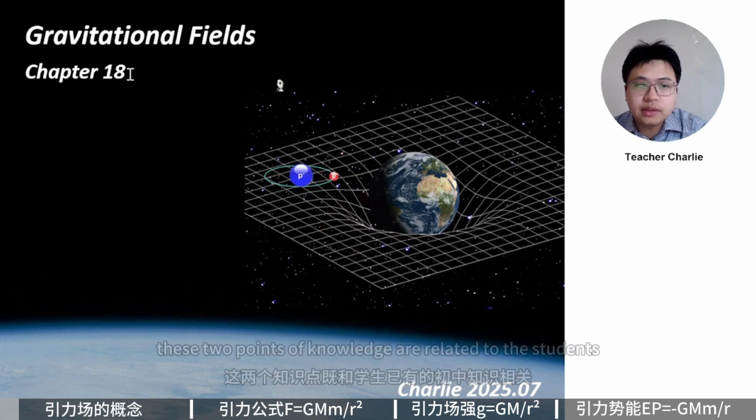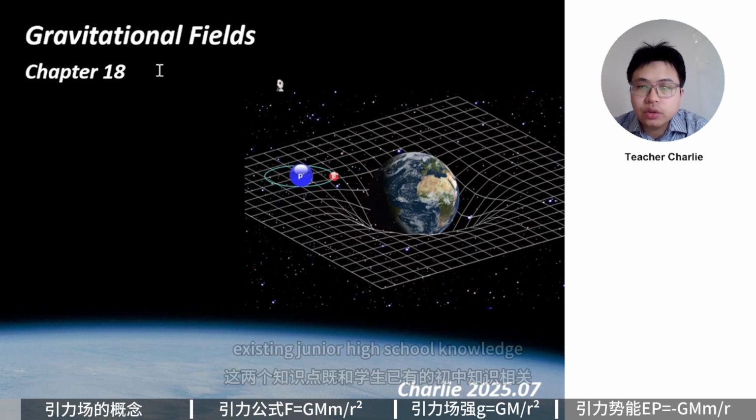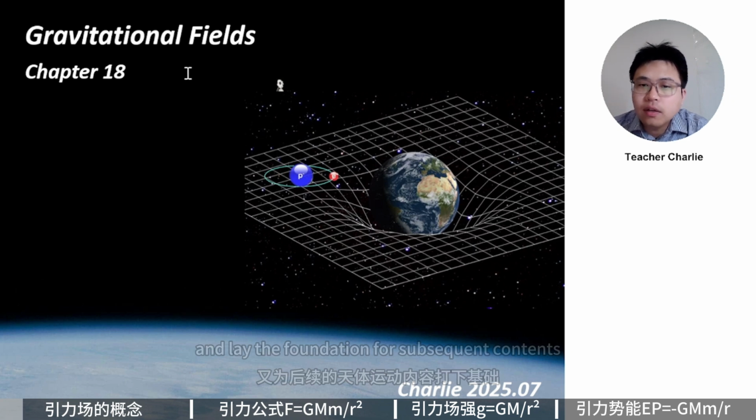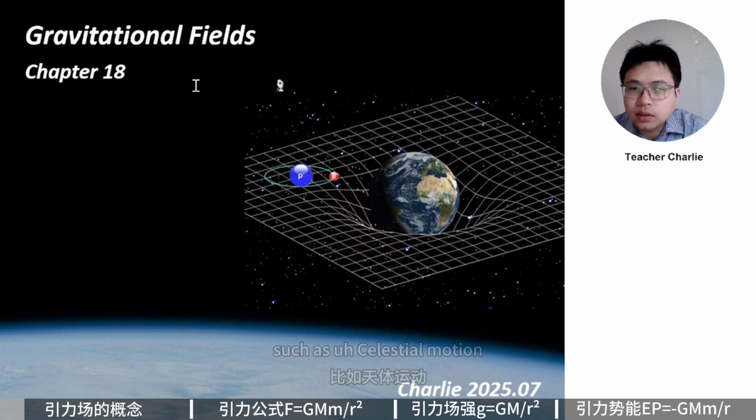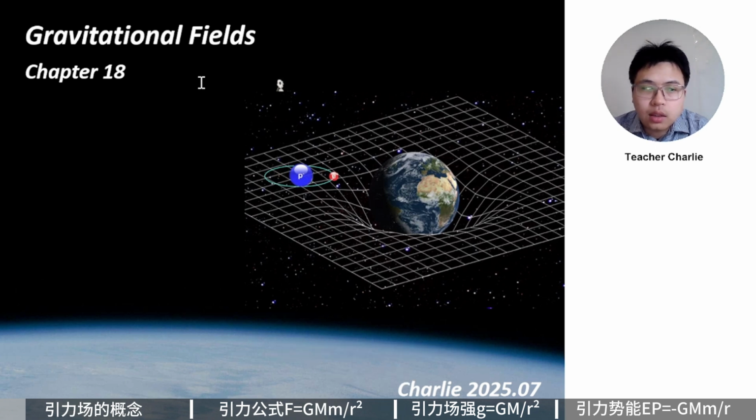These two points of knowledge are related to the students' existing junior high school knowledge and lay the foundation for subsequent contents, such as celestial motion.